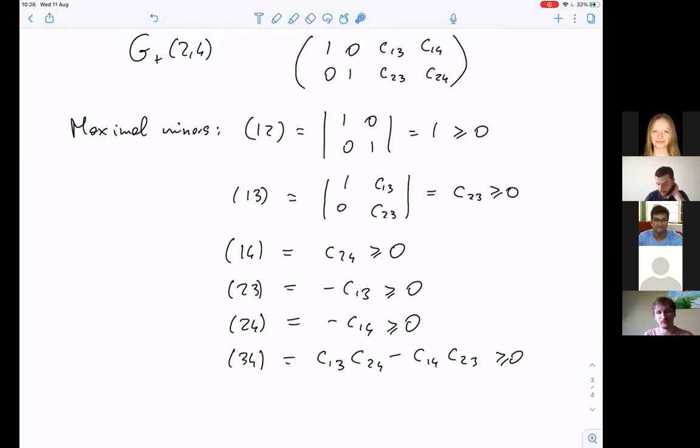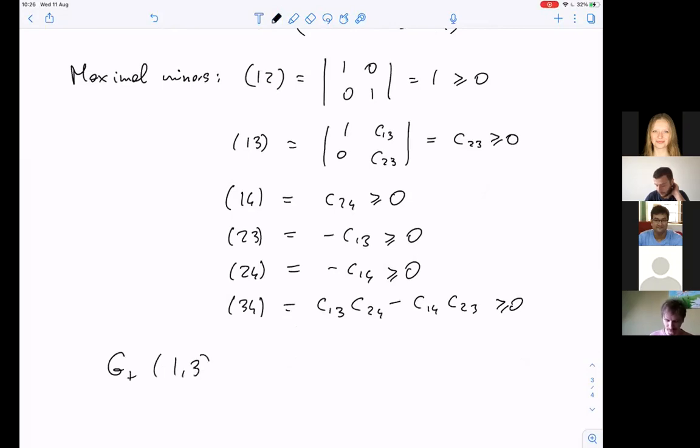For the positive part of the projective space, G plus 1,3: the projective space G1,3 is almost identical to a two-dimensional real space, so it's almost like R squared. But G plus 1,3 is like a simplex, like a triangle. So it's a simplex in two-dimensional space.